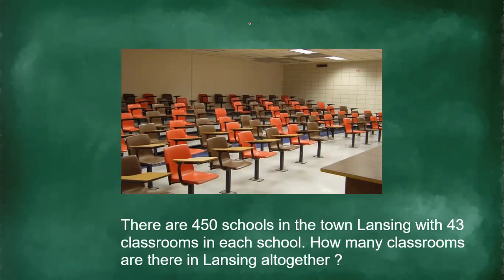How many classrooms are there in Lansing altogether? So if you're going to add all the classrooms of all the 450 schools, how many classrooms were you going to get?